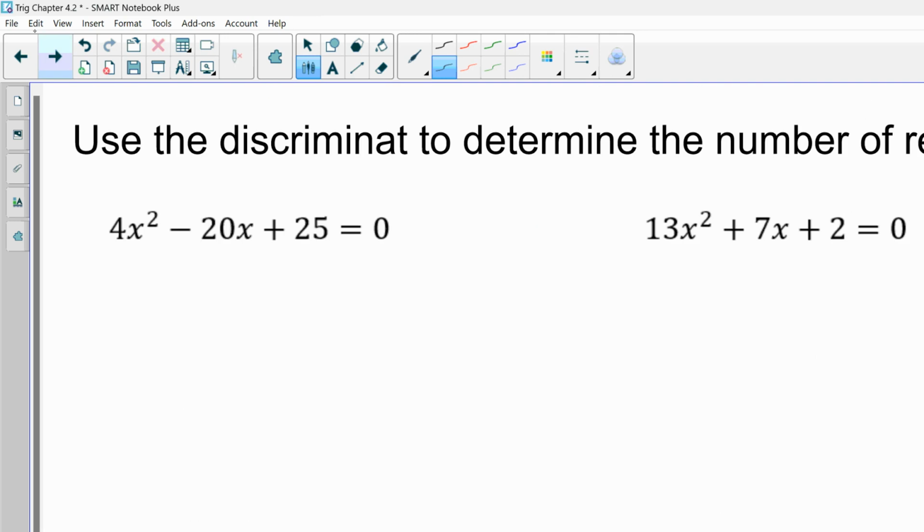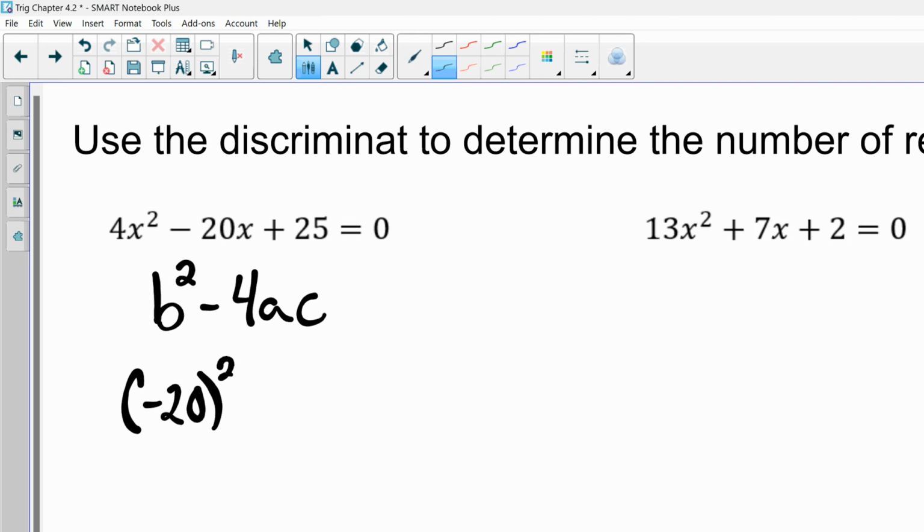All right. Well, that leads us to this part here. Use the discriminant to determine the number of real and imaginary solutions. Well, all we need to do is find the discriminant, our b squared minus 4ac. So here, the value of b is -20.